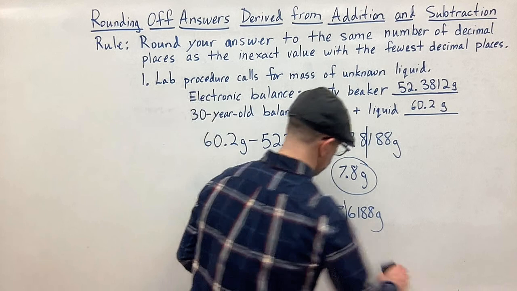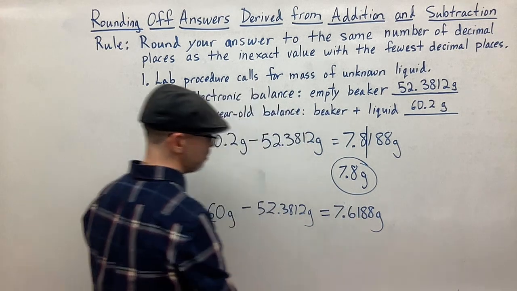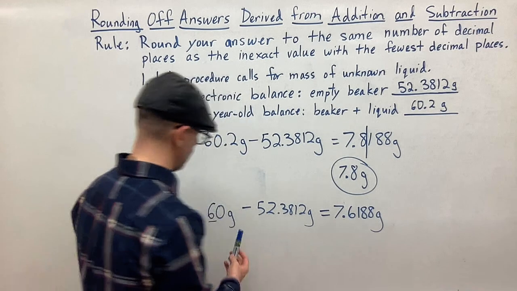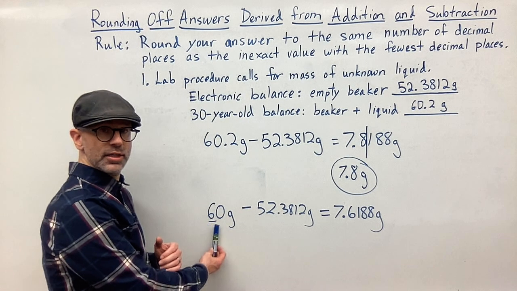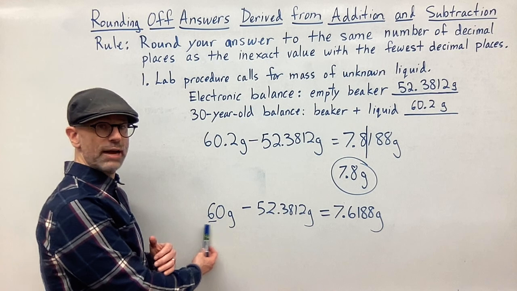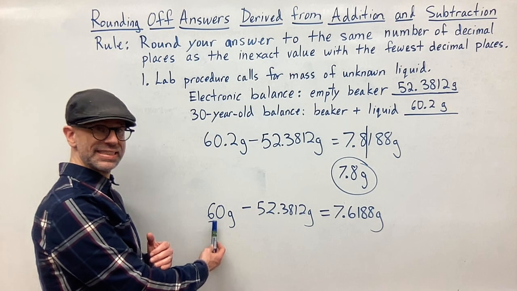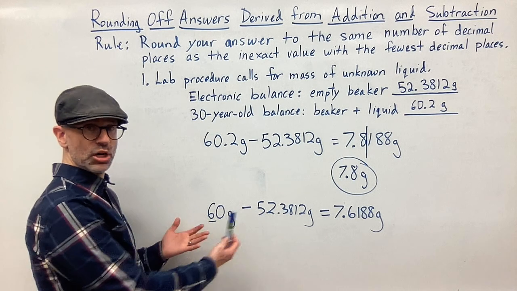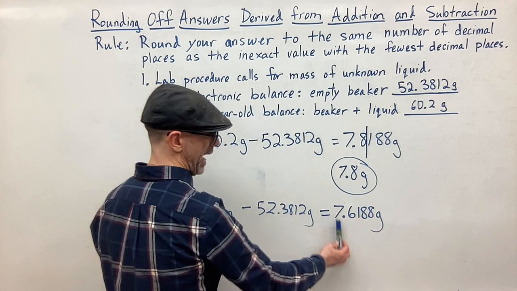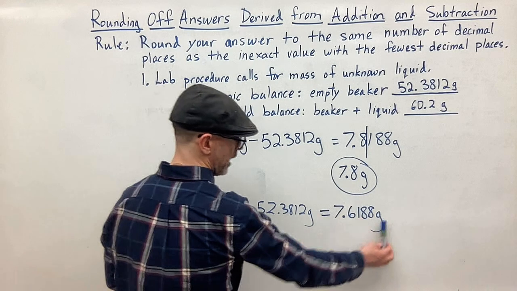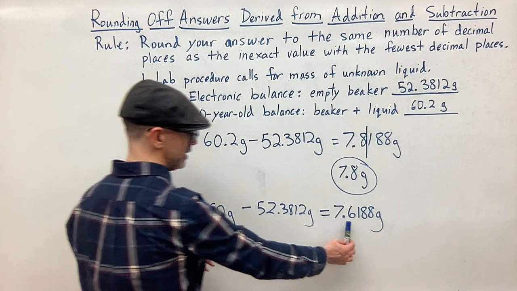So when we figure out what digits we should keep, whatever place your last digit of significance is in is going to determine the place that you write your answer in. So then here, if I subtract, I get this number.